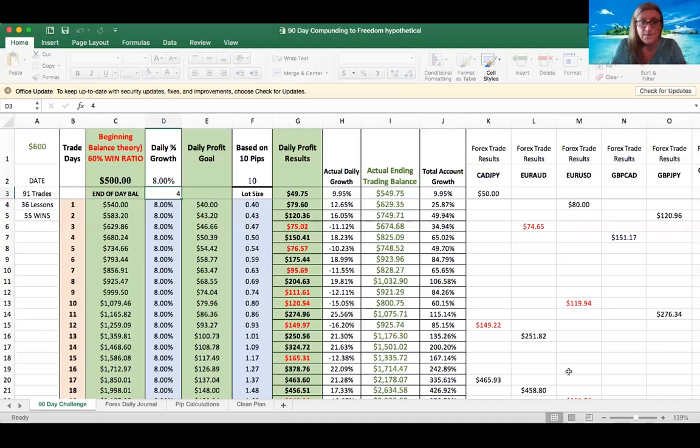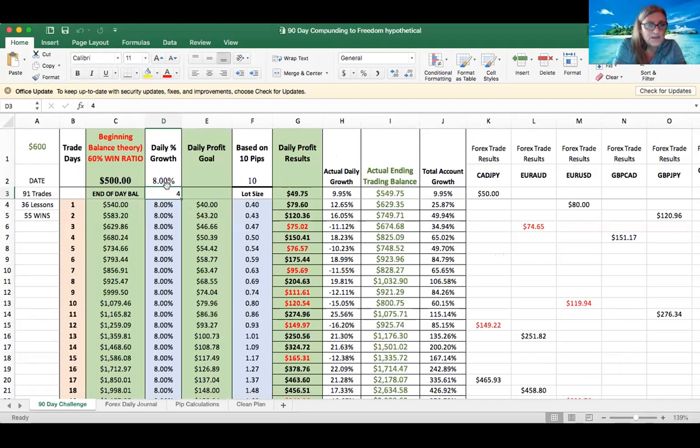When I'm doing a compounding chart, I pretend that there's only 5% of the amount of money in my account, and it gives you the lot size and your goal for the day. So this particular account has $600 in it, and at the end of the day, you're following the chart to see what you need to make.